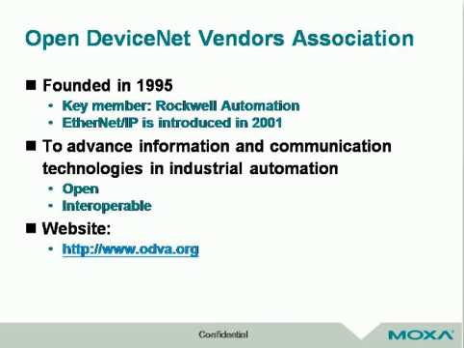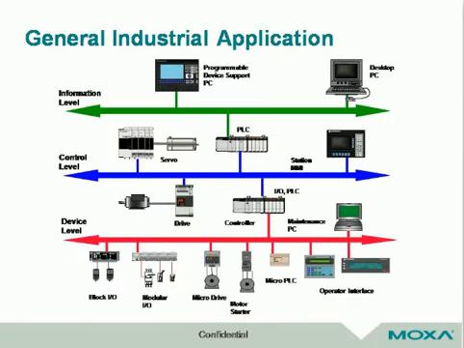These include DeviceNet, EtherNet/IP, CIP Safety, and CIP Sync. Members of ODVA include representatives of leading automation companies, for example, Rockwell Automation. If you want to know more about ODVA, you may visit their website, www.odva.org.